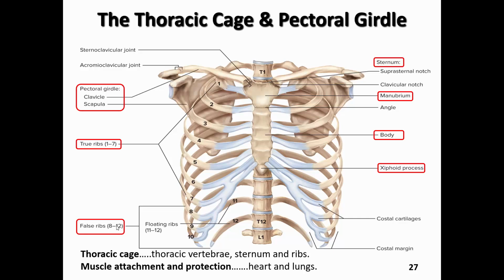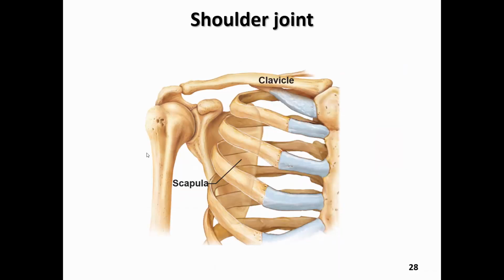False ribs 8 through 10 do have connections to the sternum, but those are indirect. It's not direct as we see with true ribs 1 through 7. In terms of the shoulder joint, it is a joint formed by a number of bones here. And the first bone to make note of is the clavicle, or our collarbone.